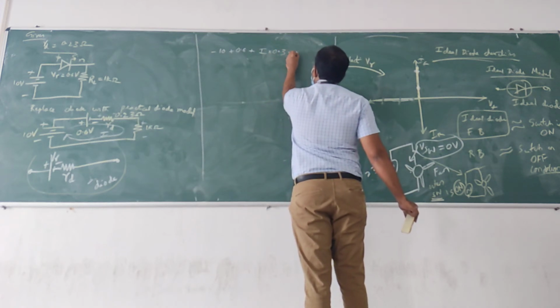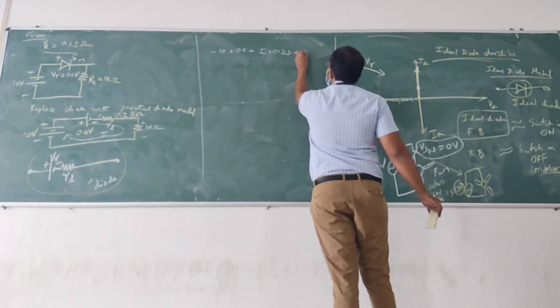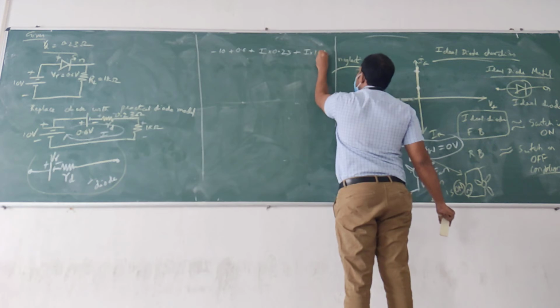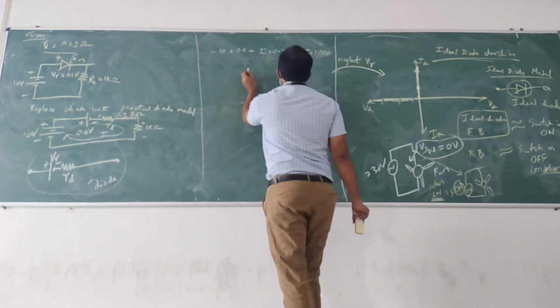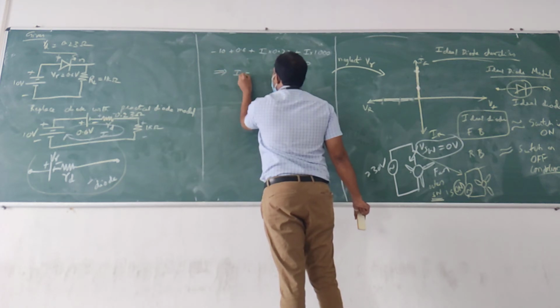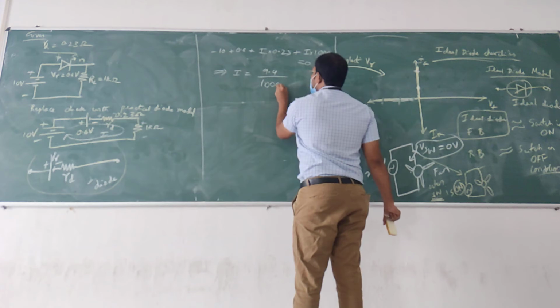0.23, plus I into 1k. 1k is how much? 1000. So what will I be? 9.4 by 1000.23.